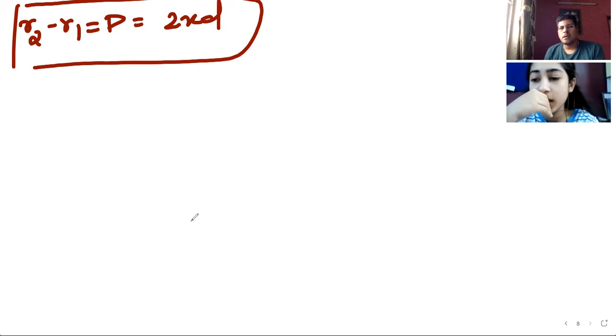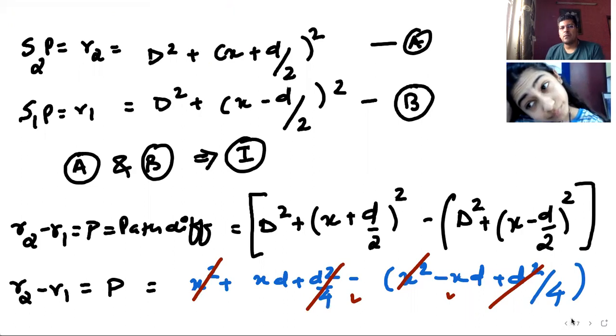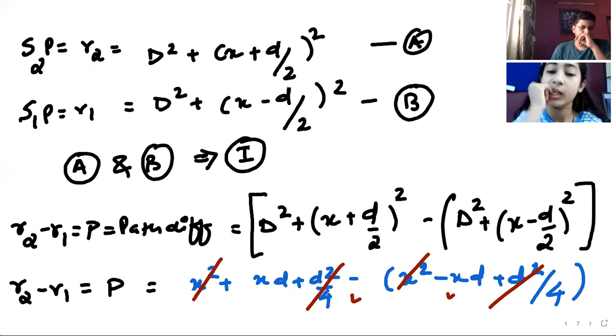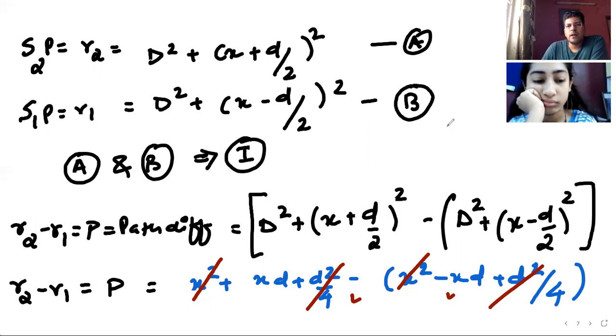So we have r2 minus r1, it is called as a p, it is called as a 2xd. કોઈ કહી શકે સર જો કેપિટલ ડી સ્ક્વાયર બહાર હોય તો, so again you can just place, if you want to bring out capital D outside, you can. બરાબર છે, તો કેપિટલ ડી પણ બહાર કાઢી શકાય છે. બટ આપણી પાસે એ પાથ ડિફરન્સ જે છે એમાં કેપિટલ ડી પણ હોવો જોઈએ તો ચલો હું આ જ પાથ ડિફરન્સના ફોર્મ્યુલાને થોડુંક આગળ મોડિફાઈ કરું.